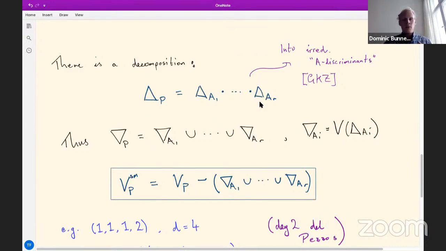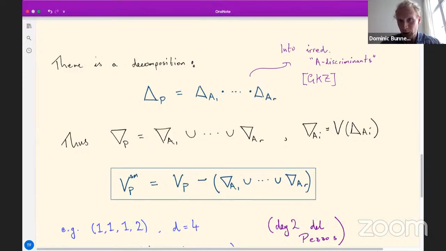But with mild assumptions on the simplices, this discriminantal locus always splits up into this kind of decomposition, which is a product of A discriminants in the sense of GKZ, Gelfand, Kapranov, Zelevinsky. So you really can describe this non-smooth locus as all of these different kinds of other well defined and well studied A discriminants.